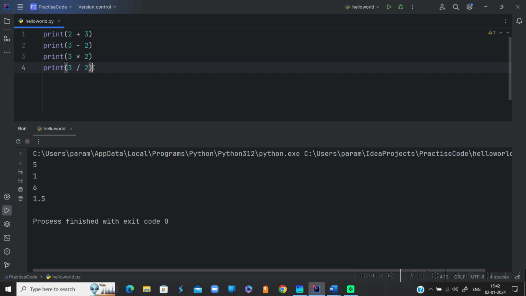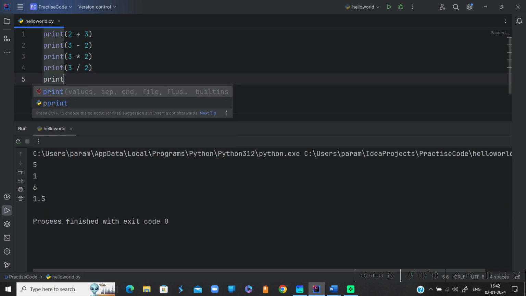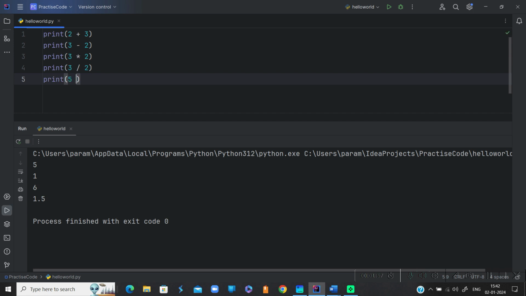And if you want integer division, you have to use this operator, not operand, operator. Here 5 is an operand, 2 is an operand. This is called the operator.